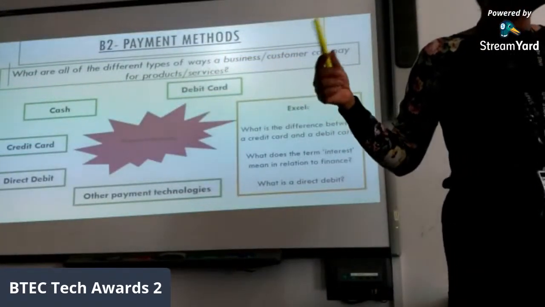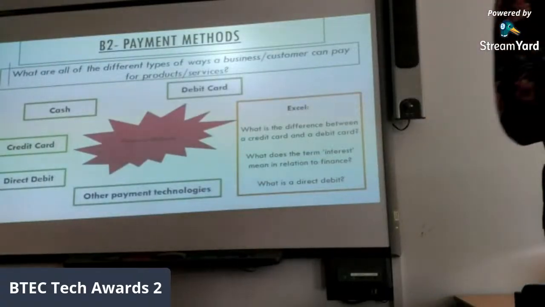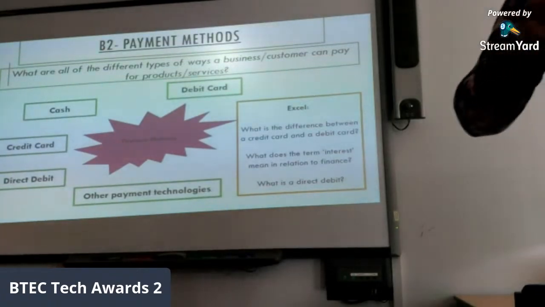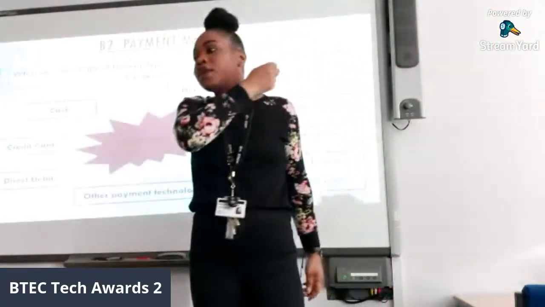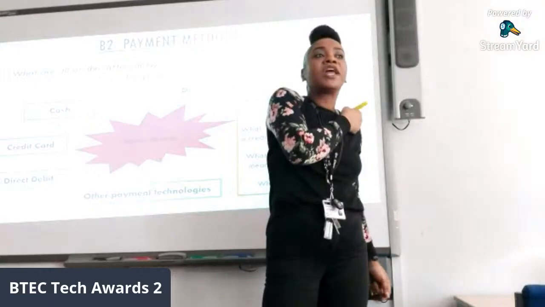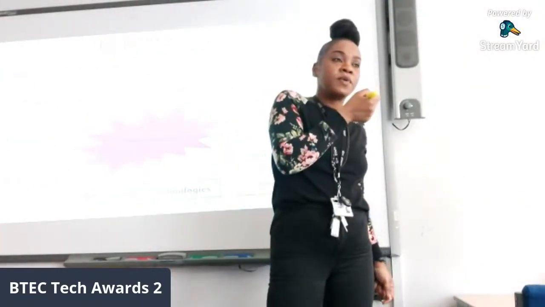Yes, there's interest that is paid to you and interest that you will need to pay. So for the credit card, that's the interest that you would pay on the money that you owe them.